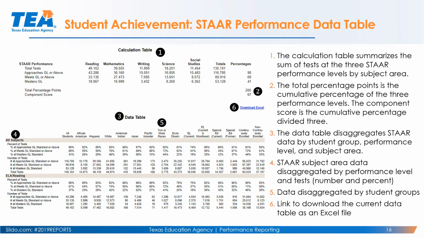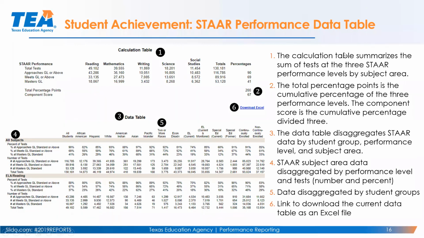The second column shows me the disaggregation of the STAAR results at the approaches grade level and above. The next row shows me all the STAAR tests at the meets grade level and above. And then lastly, all the STAAR tests that achieved masters grade level.